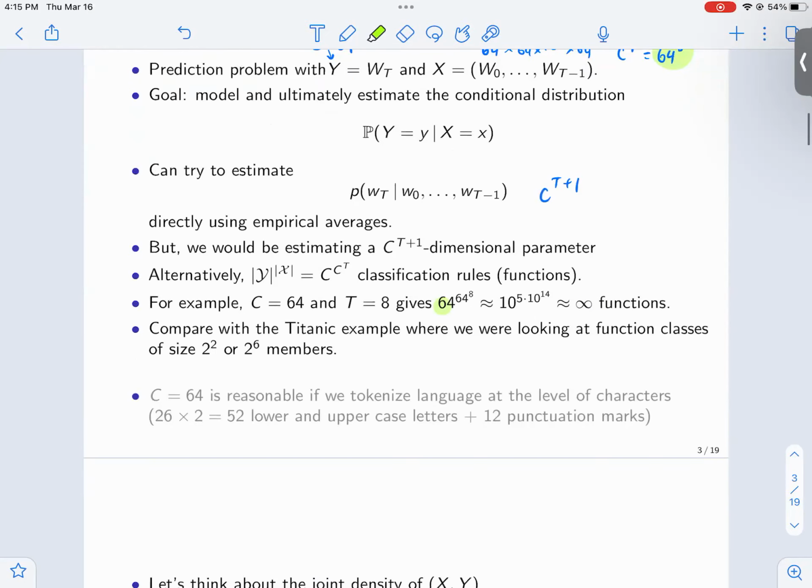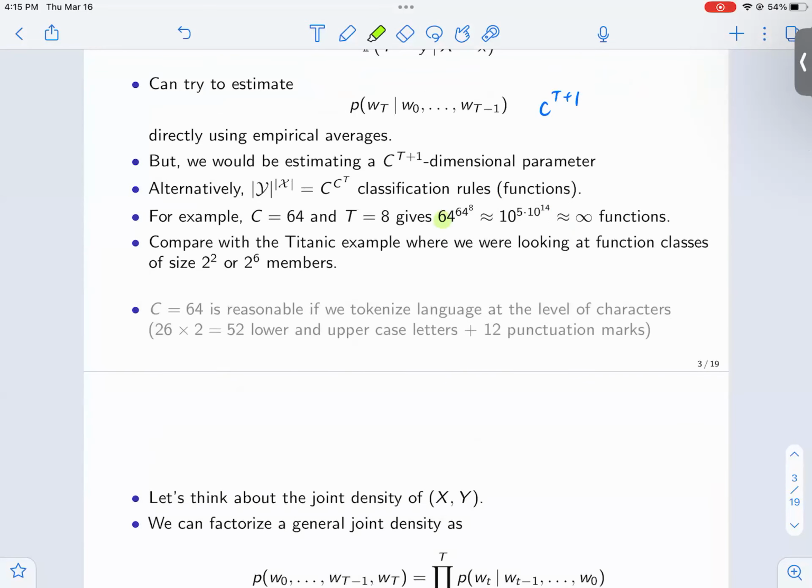To see how complicated the problem is, compare this to the case where we had sex and survived. So 0, 1 and 0, 1. There are 4 binary functions. How should I decide here? 2 to the 2 would be the number of binary functions.